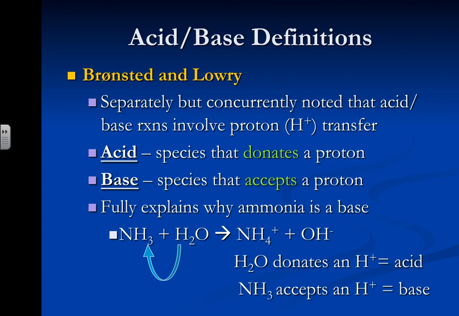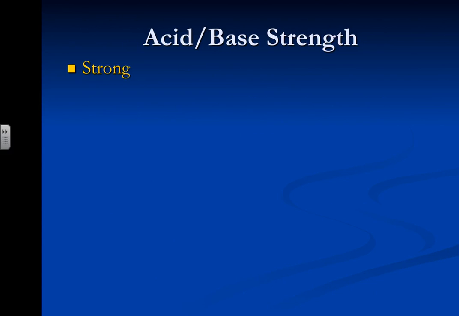Do you see that one of the H's in H2O has to be transferred over to the NH3, which is how it becomes NH4+, which is how the H2O becomes just OH-? So the H2O donates the H+, meaning it's the acid, and the NH3, or ammonia, will accept the H+, and that makes it a base. Voila. So the Brønsted-Lowry definition, again, is just much more inclusive, and it isn't that limited version that Arrhenius came up with.